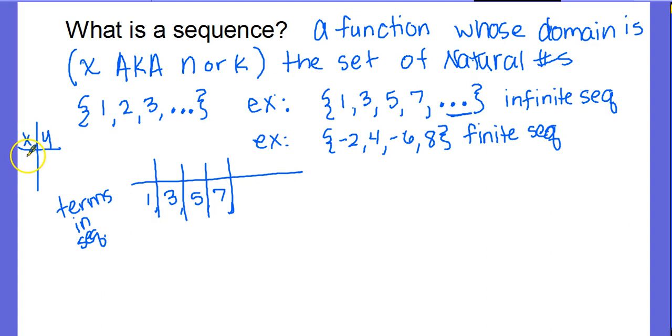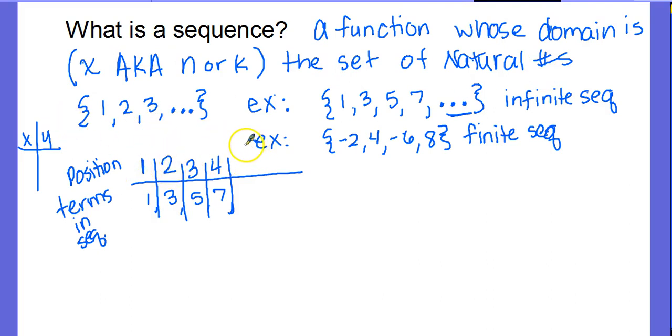I want you to think of this as a horizontal table of values, where the top number tells you the position, and the top number is your domain. So the number in position 1 is 1. What's the number in position 2? 3. What's the number in position 3? And the number in position 4? 7.